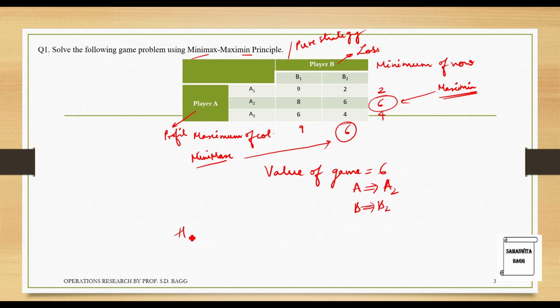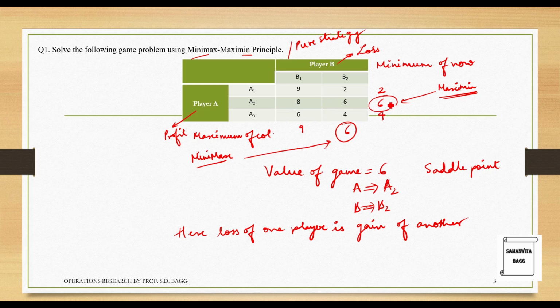So here you will write down that the loss of one player is the gain of another.